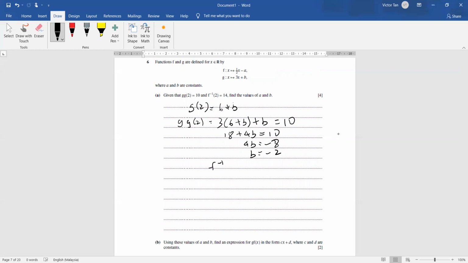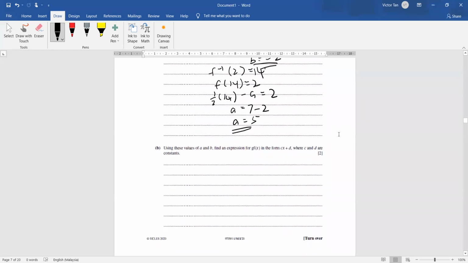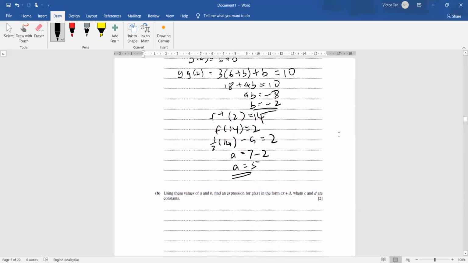Inverse function of f(2) is equal to 14. Half times 14 minus a equals 2. a equals 7 minus 2. a equals 5. Okay, fair enough. Very good. Using these values of a and b, find an expression for gf(x) in the form cx plus d, where c and d are constants.